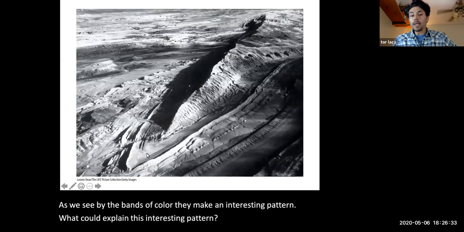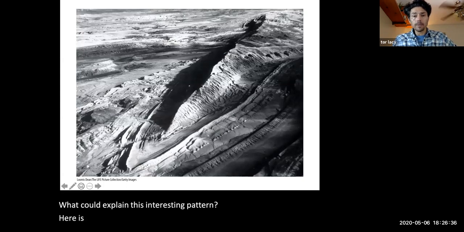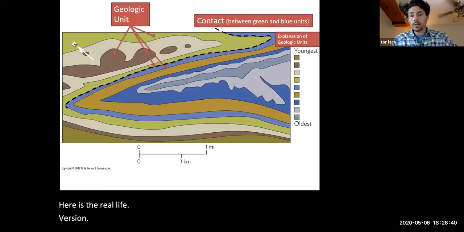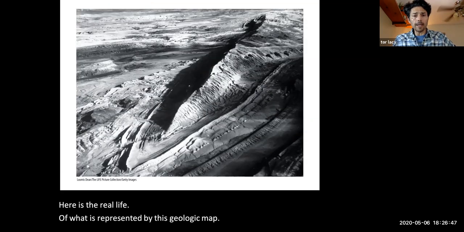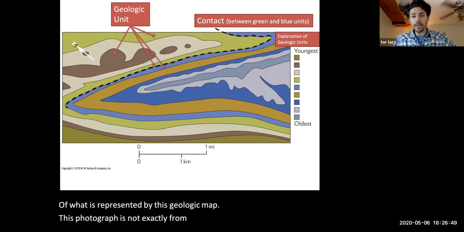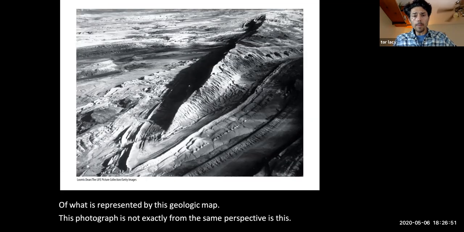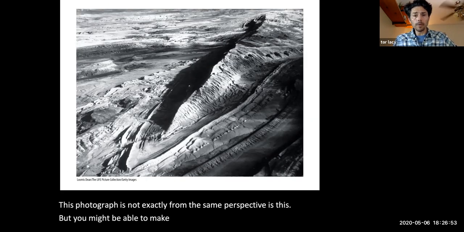Here is the real life version of what is represented by this geologic map. This photograph is not exactly from the same perspective as this, but you might be able to make the connection between the two.